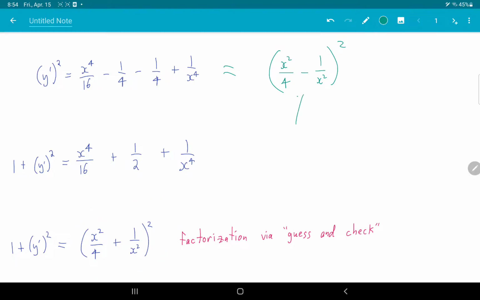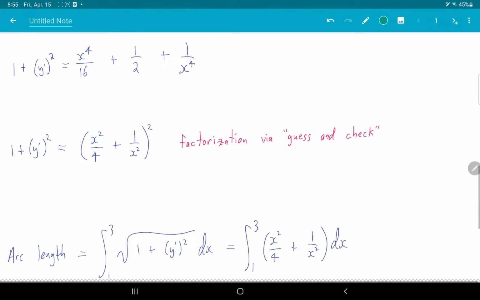Okay, so the minus just becomes a plus. And I'm motivated to do that because this minus a half, which gave this factorization, suggests that this plus a half is going to give this factorization. Okay, enough. Too much talking.